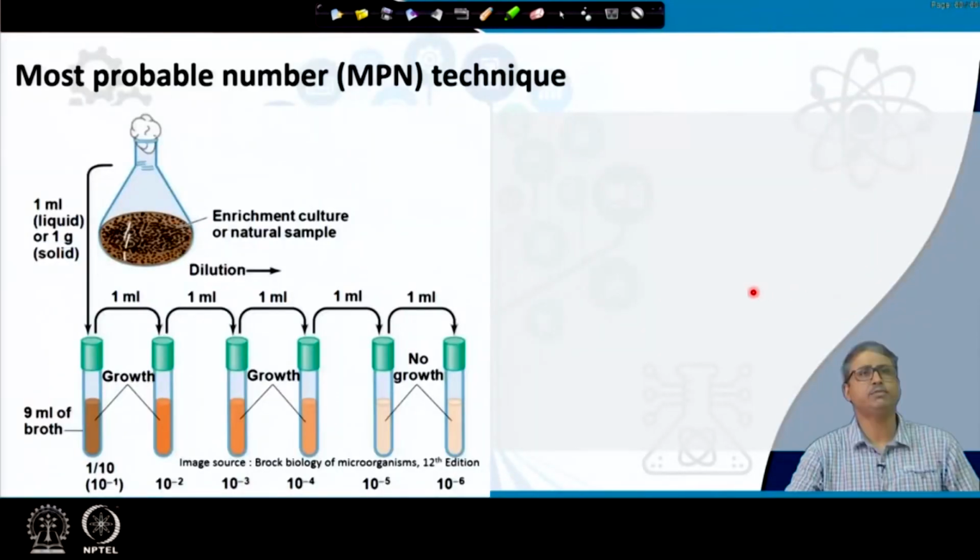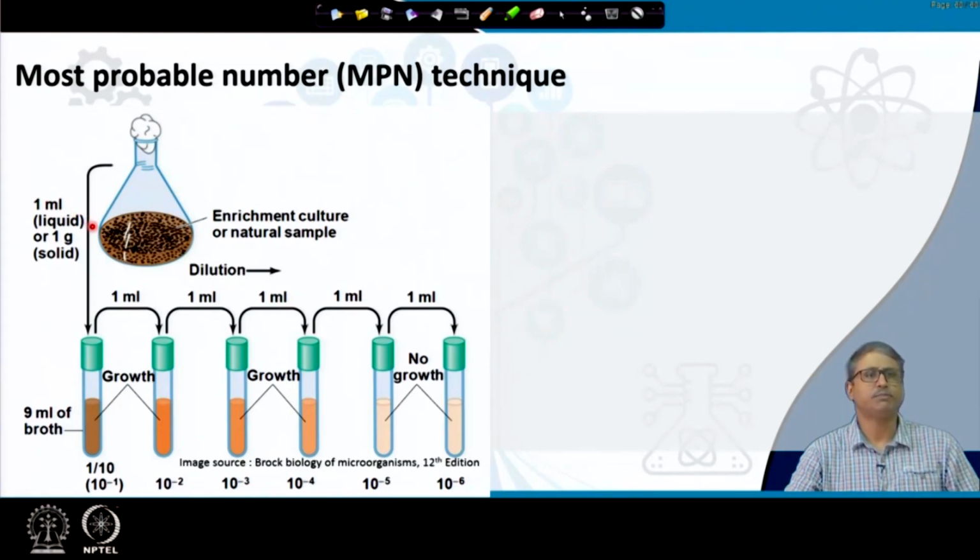There is also another very useful method, called the most probable number technique or MPN technique. In the MPN technique, we may have an enrichment culture or a natural sample from any environment, and a small volume of that is the aliquot or inoculum.